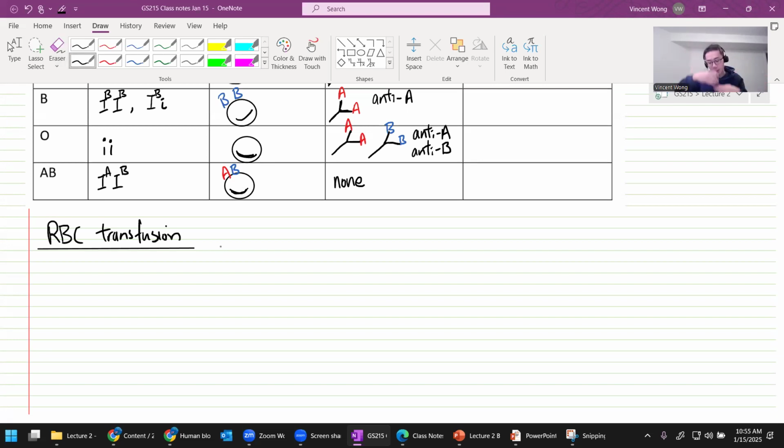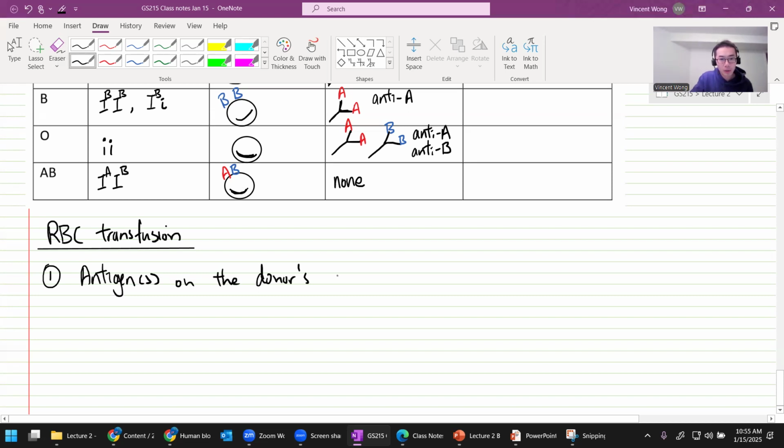So you take the blood out, you separate it into plasma and red cells, and we're only looking at the red cells portion. There are three questions you need to ask yourself when figuring out whether a transfusion is safe or not. Number one, you need to know the antigen or antigens on the donor's cell, on the donor's RBC.